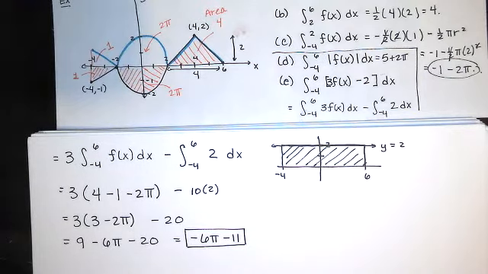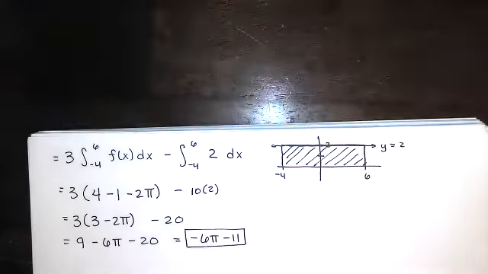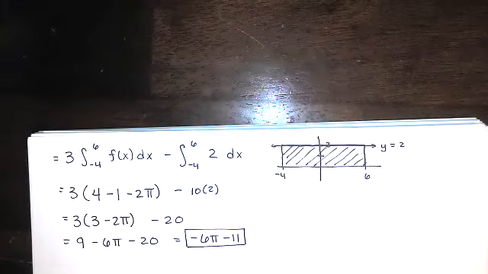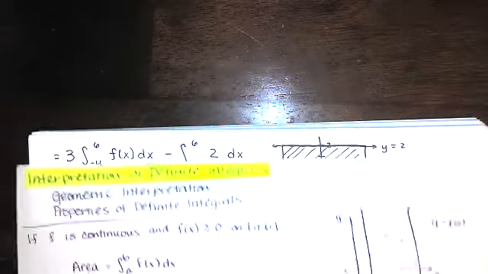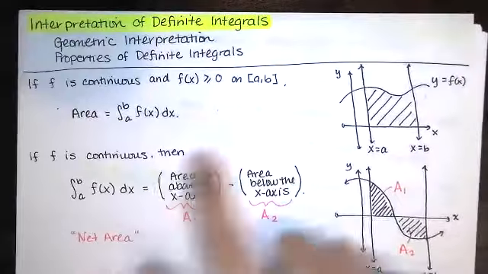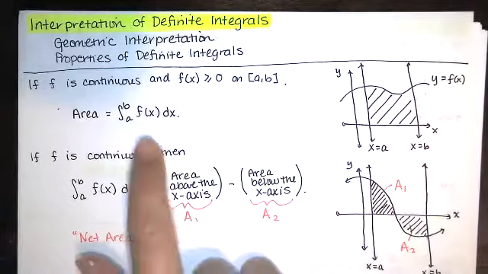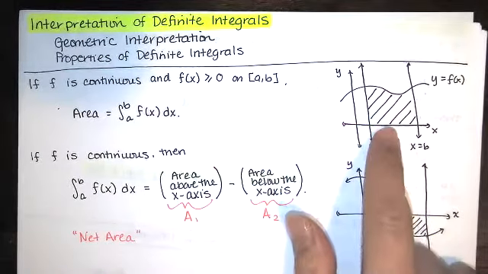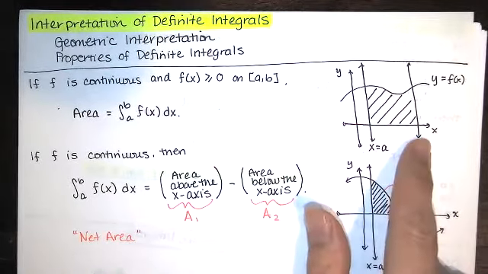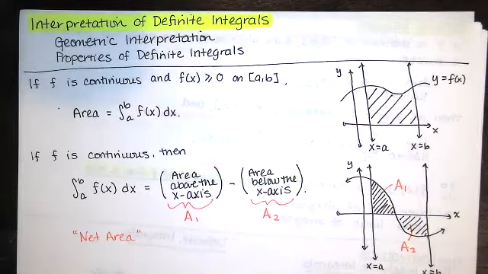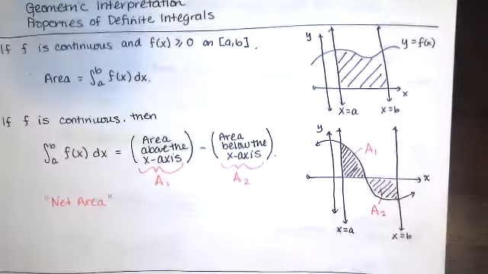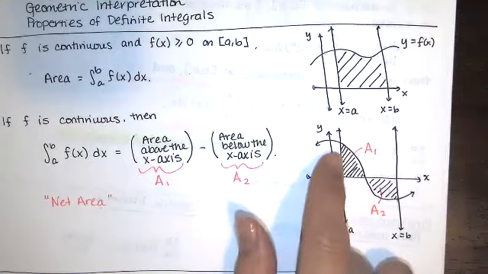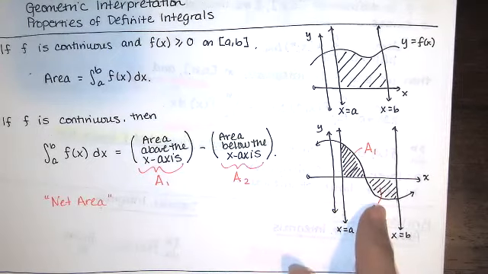So make sure you understand definite integrals represent area under the curve. If that function is positive all the time, that's the area between the function and the x-axis between x equals a and x equals b. Now, if the function's sometimes positive and sometimes negative, you take the area above the x-axis and you subtract the area below.